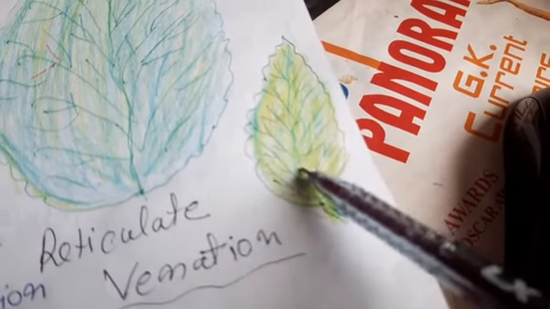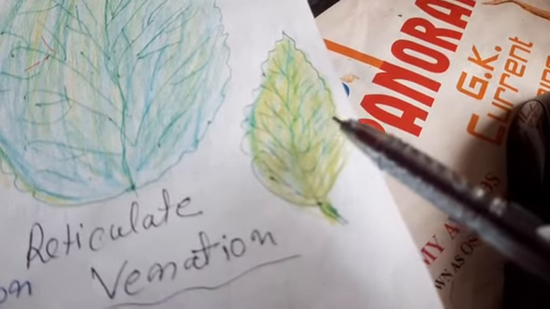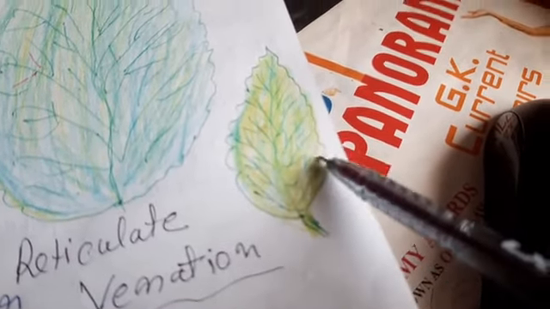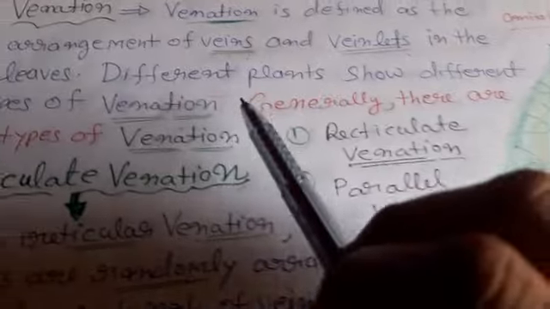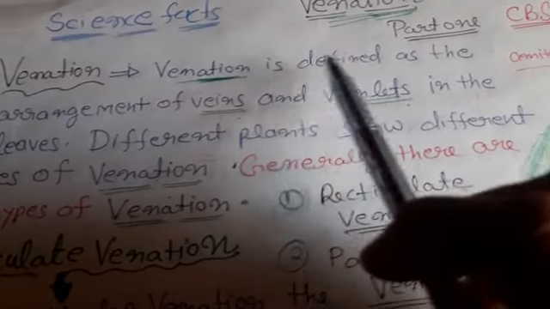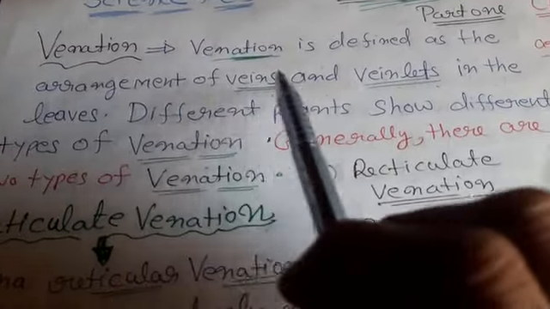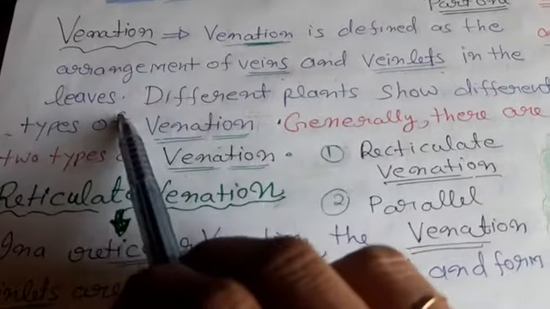Some small, tiny veins come from the side vein. These are called veinlets. So venation is defined as the arrangement of veins and veinlets in the leaves.